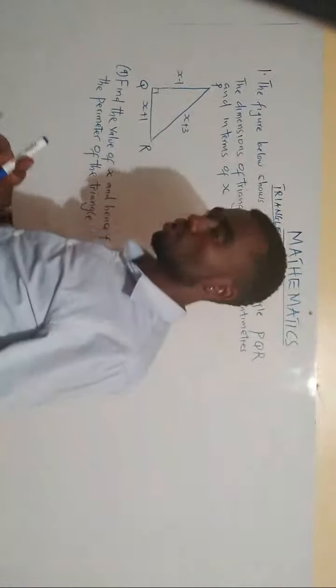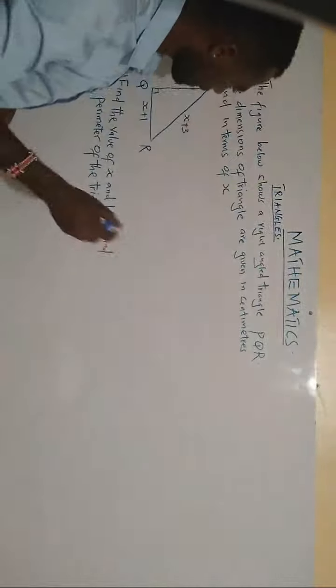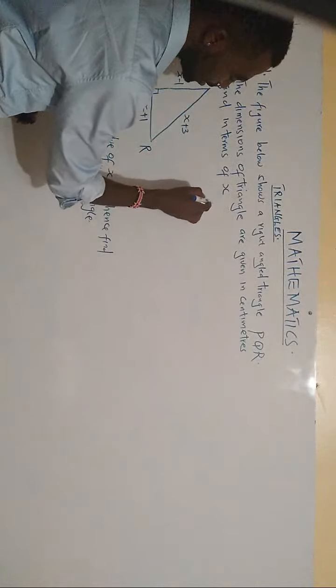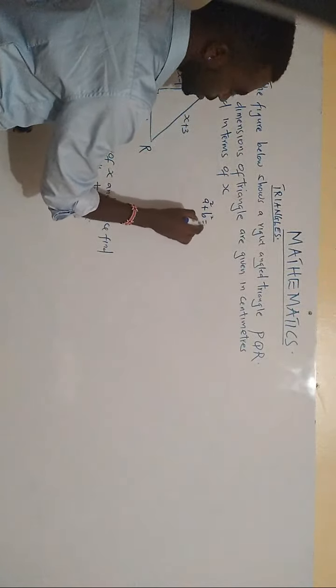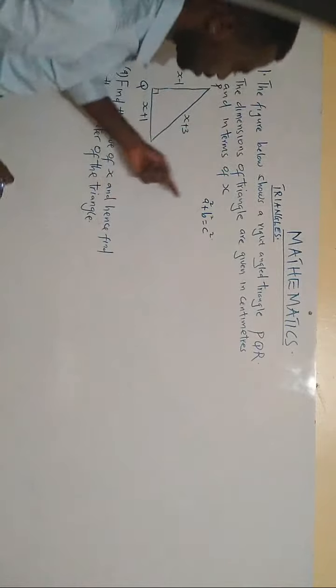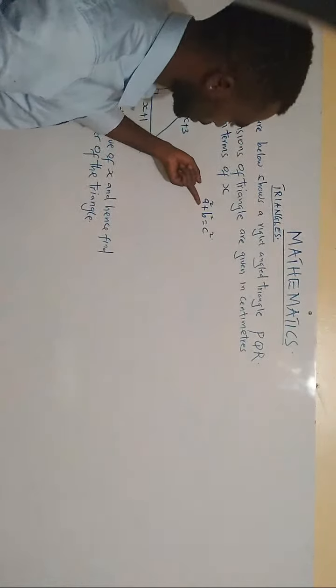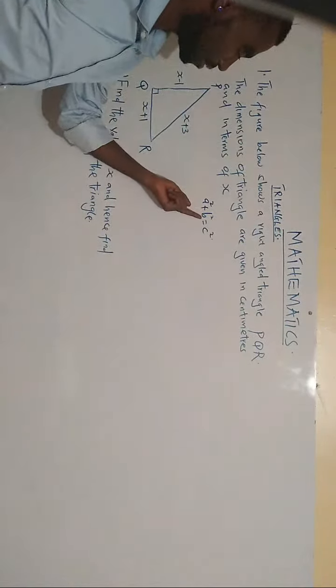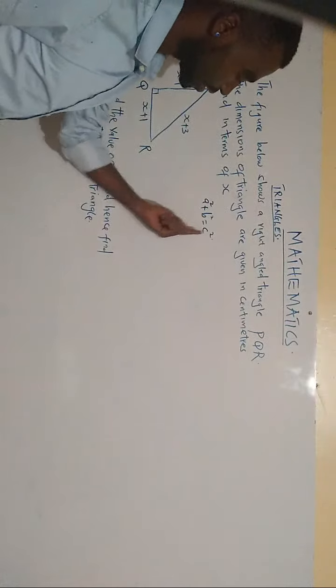This is a right angle triangle, and we know the relationship in a right angle triangle that a squared plus b squared is equal to c squared, whereby a may represent the base, b the height of the triangle, and c the hypotenuse.